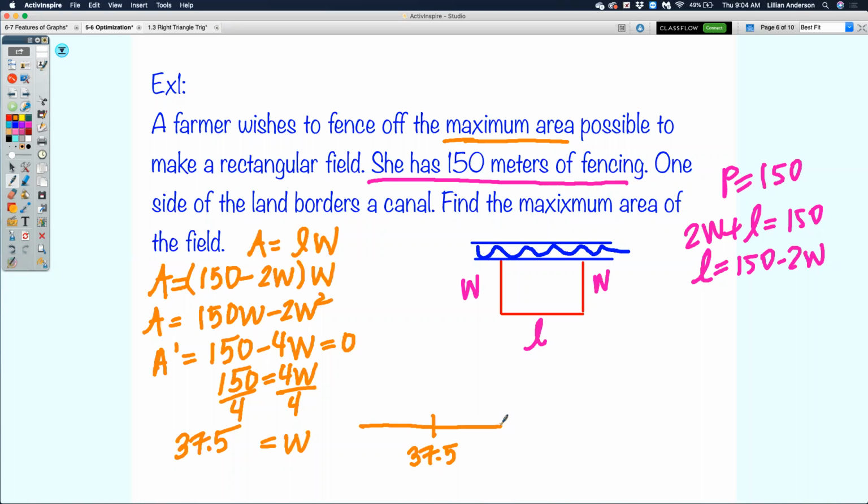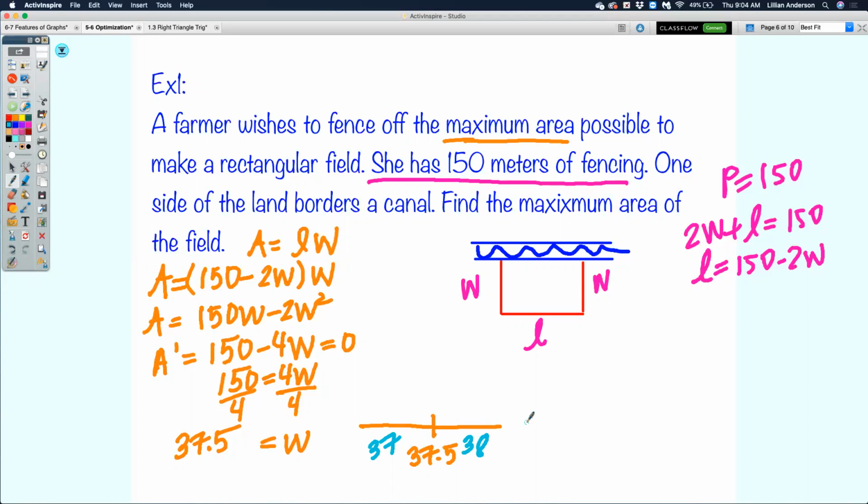Now, we want to be sure which it is. So now we have to plug in our test points. What's a number that's less than 37.5? 37. What's a number that's bigger than 37.5? 38.